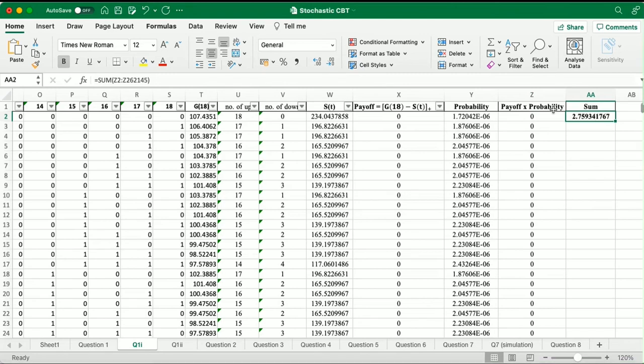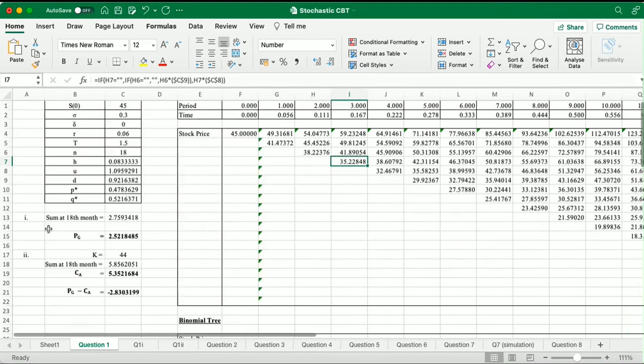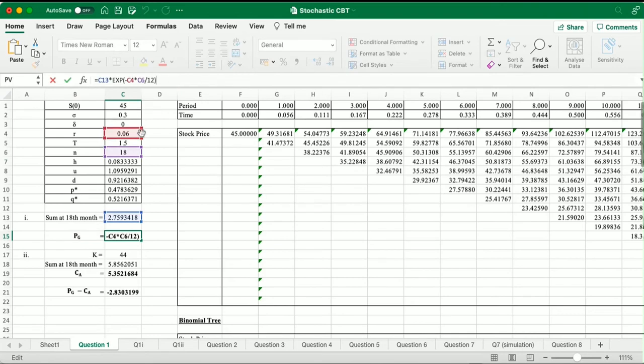For the sum, we add up all the rows in column Z so that we can link it to our original main Excel sheet, where the sum is then copy-pasted and linked over here. Then to calculate PG, we multiply the sum by exponential of negative RT, which is C6 over 12.